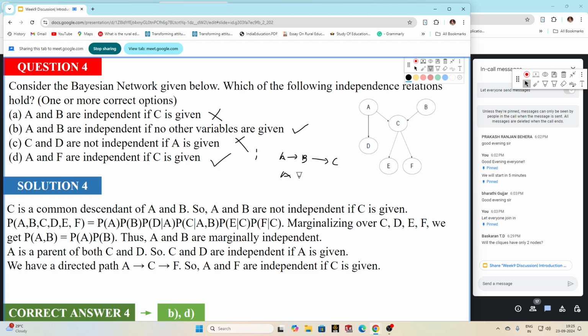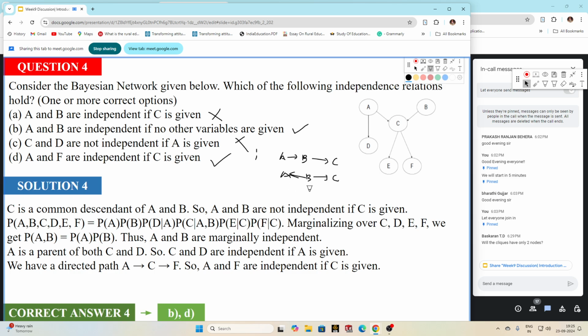The second rule is A, B, and C, where B is a parent of both A and C. So if B is given, then A and C are independent.